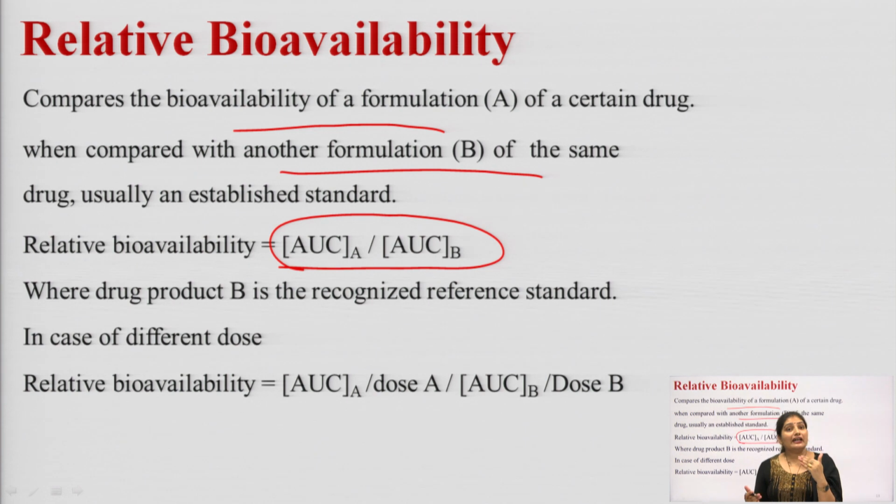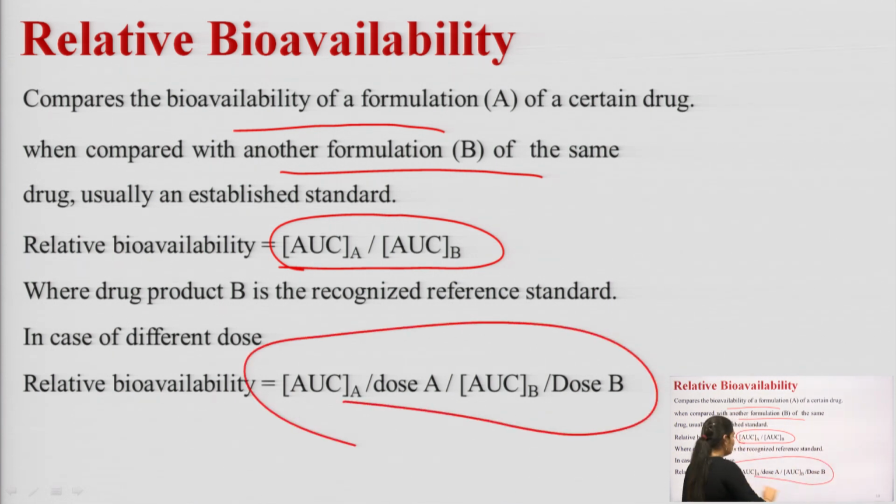If we are having two different doses, then the formula will be area under curve of A formulation divided by dose of A formulation, upon area under curve of B formulation divided by dose of B formulation. So, this is the relative bioavailability, or we can say the comparative bioavailability.